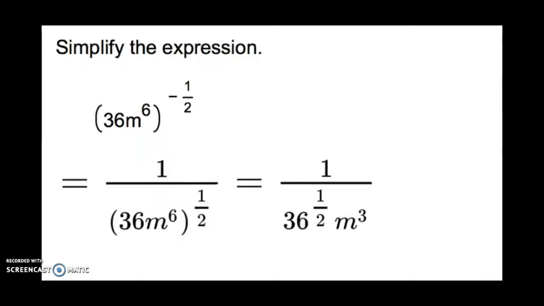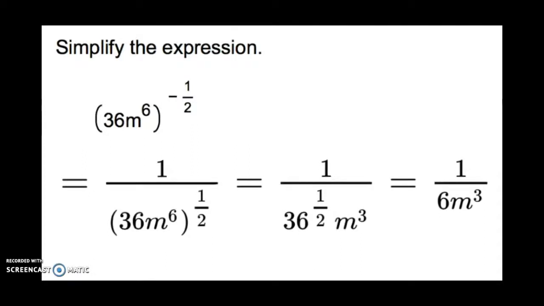When I raise something to the 1/2 power, it's essentially taking the square root, because the bottom number is the root, so that's 2, so square root. The square root of 36 is 6. When I have m to the 6th raised to the power of 1/2, I multiply the two together. So 6 times 1/2 would just be 3. So I have 1 over 6m to the third.